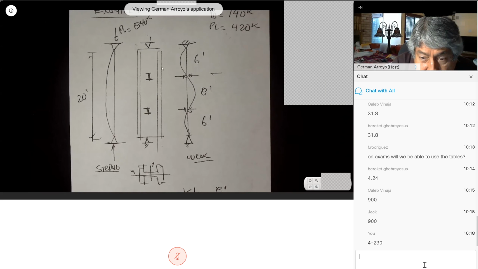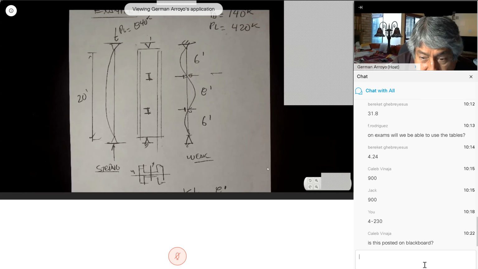The critical for this column is the largest one. So KLY for this column is 8. KLX is 20. The value of K, whenever we had a pin, is 1. Pin and also behave like a pin, 1. Pin and pin, 1.